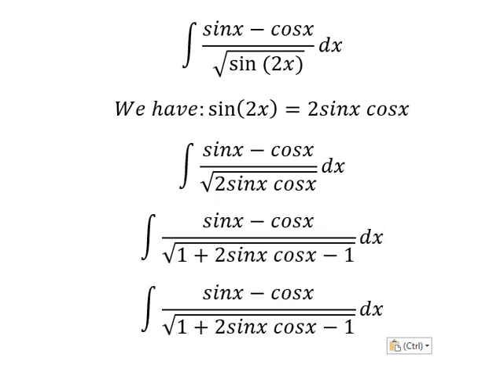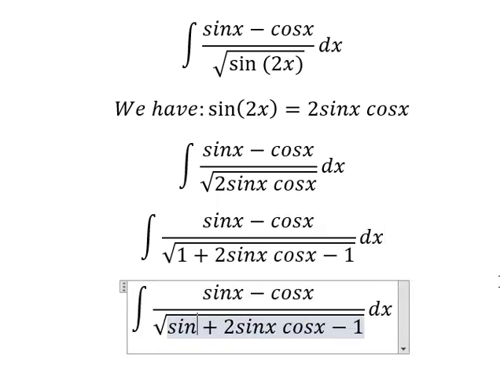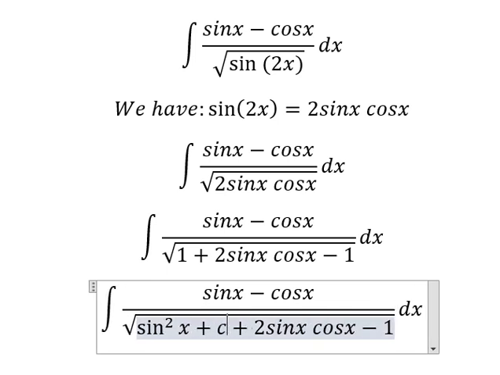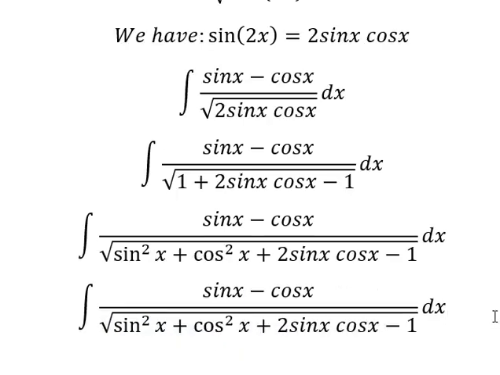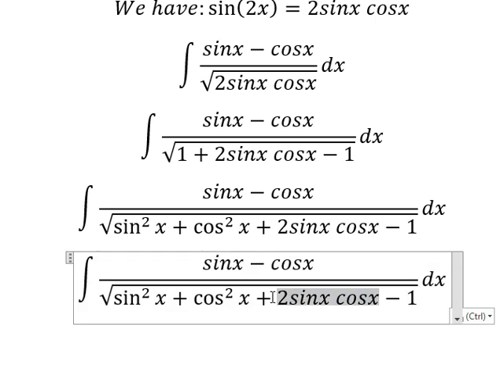Next, the 1 is sin² x plus cos² x, and we know that this is about identities.